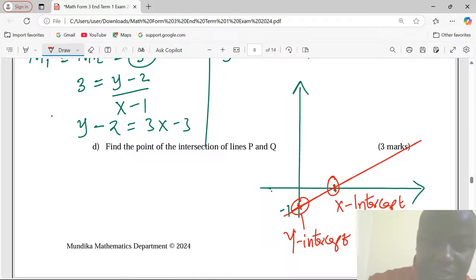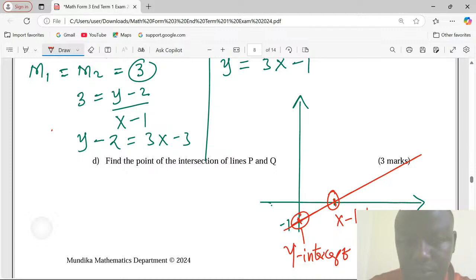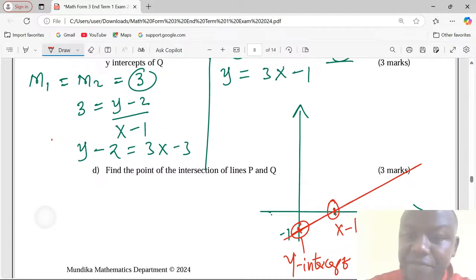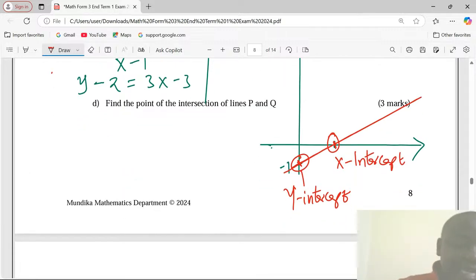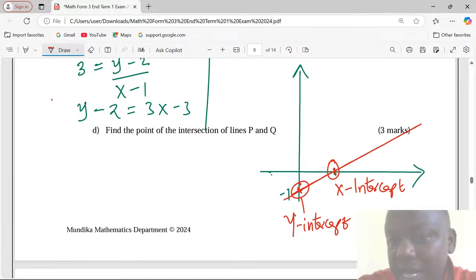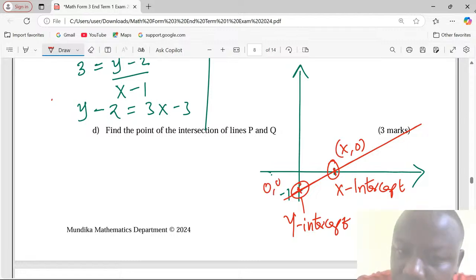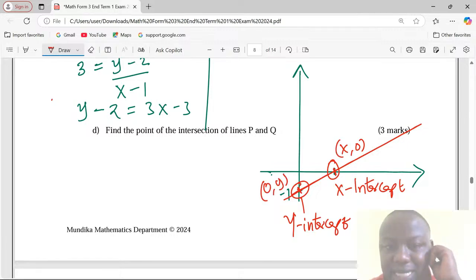If it is at negative 1, then the coordinate is (0, -1). If it is on the x-axis, that is the x-intercept, along the x-axis the values of y are usually 0. So the coordinate here will be (x, 0). The coordinate here will be 0 and a value for y.